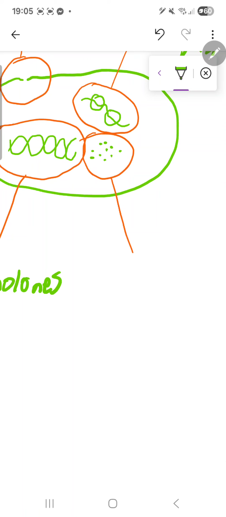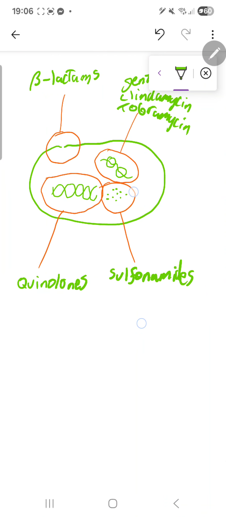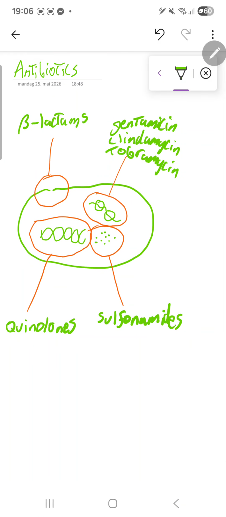And one antibiotic in this class are called sulfonamides. Which also includes, for example, trimethoprim.